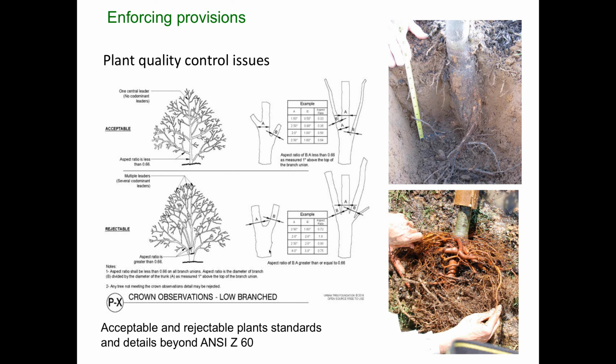Well, again, plant inspections are of utmost importance, and I would say often not done. What we started noticing is that the plant specifications were buried in a big document that nobody read, and that's one of the reasons that we put these in the details, so when the contractor sees the details, they'll notice, wait, there's plant quality stuff here, which hopefully prompts them to reach out to the nursery and provide the nursery the spec.